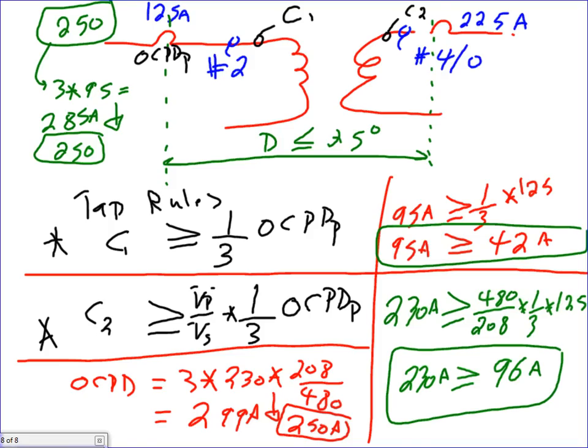And just one second here. All this stuff that I did, guys, is 240.21. What did we say? 240.21. I thought I gave you that. 240.21(B)(3).